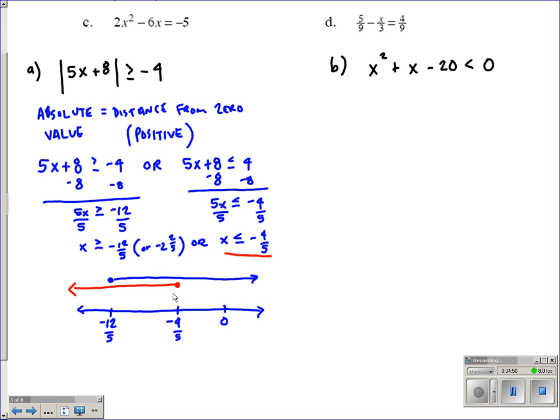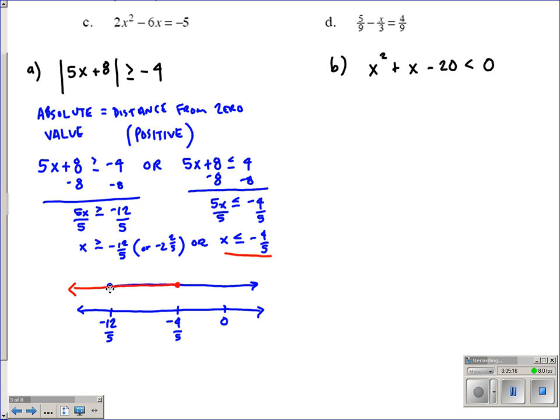So we're saying here that our solutions include all of these values going this way, or they can include any of these values going this way. If we took these two number lines and put them right on top of each other, let's see if I can do that. If I took this and moved it, what would happen here? I forgot my little circle there.